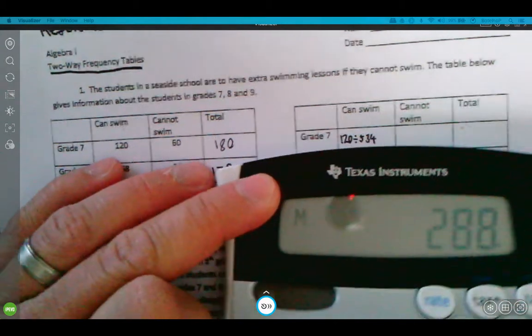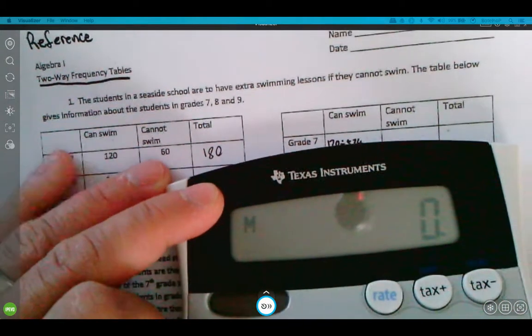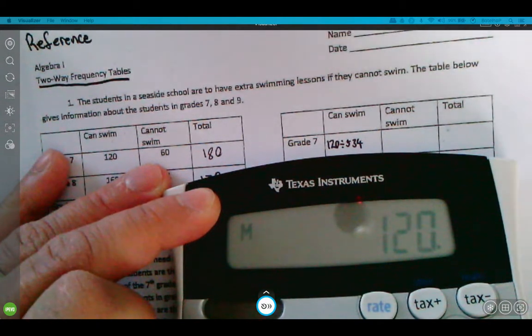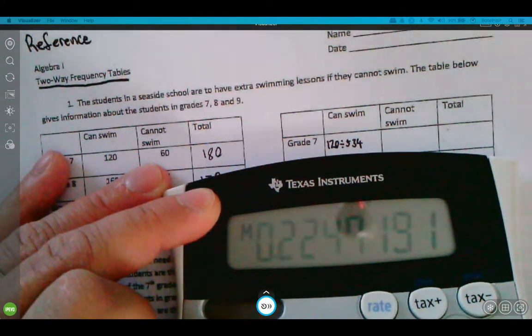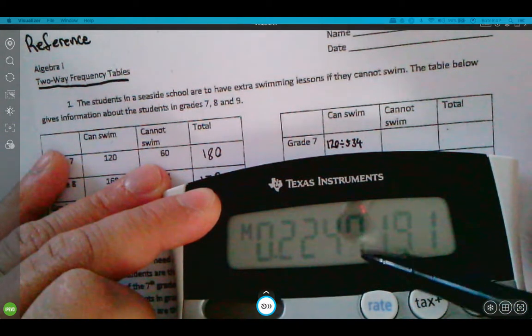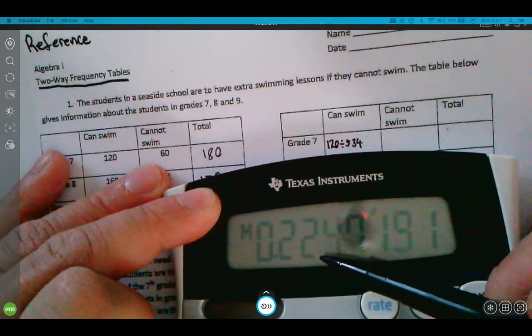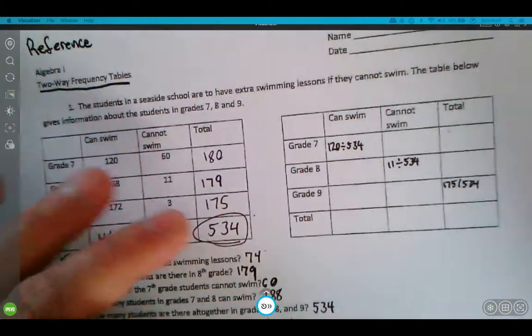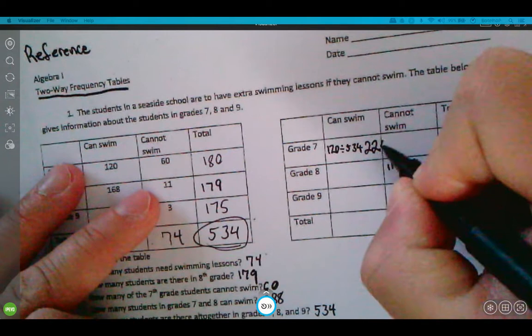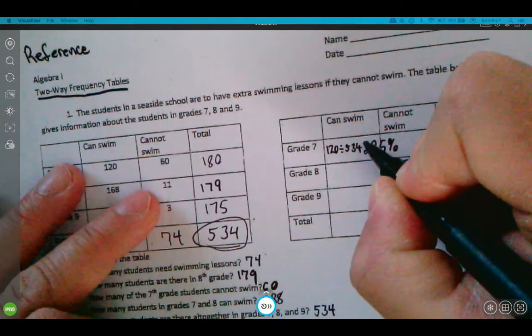When I do the first one, 120 divided by 534, you get this decimal, and then you move it over 2. I would round that to 22.5%. So I'm going to put this as 22.5%. I wish I used a pencil.